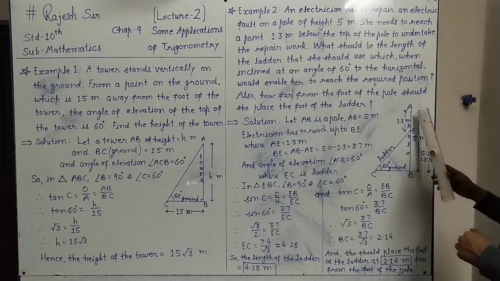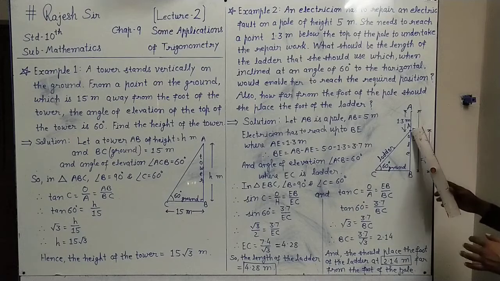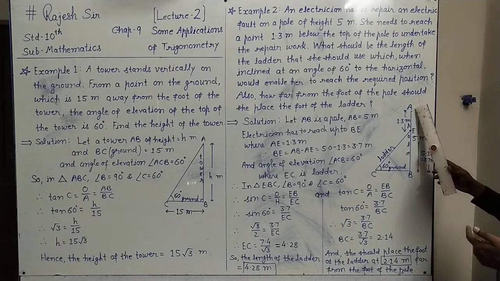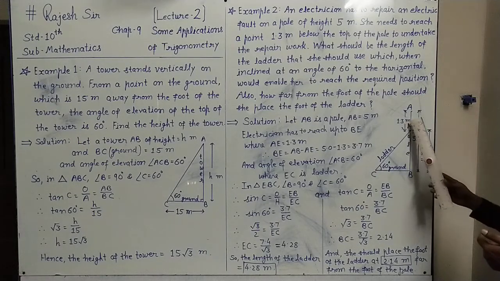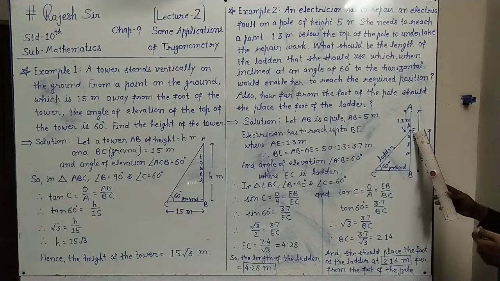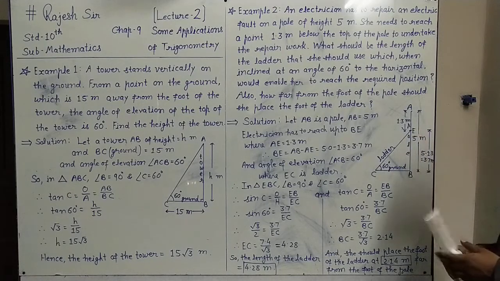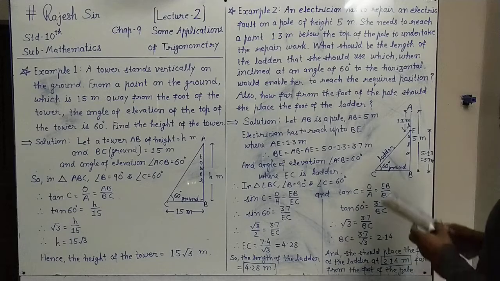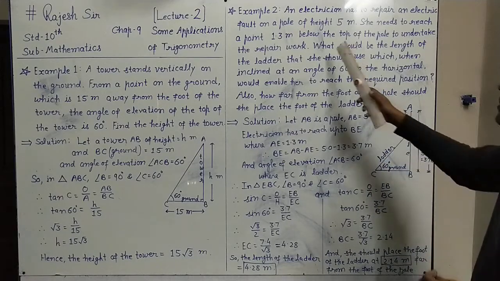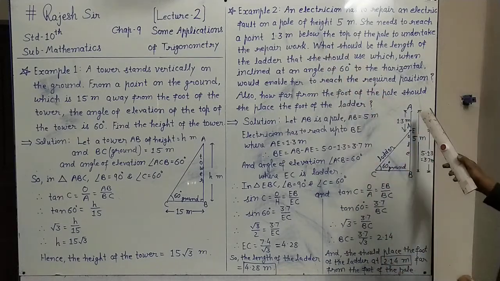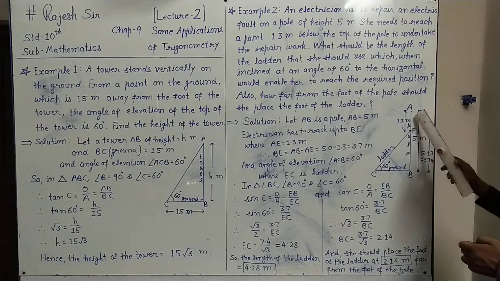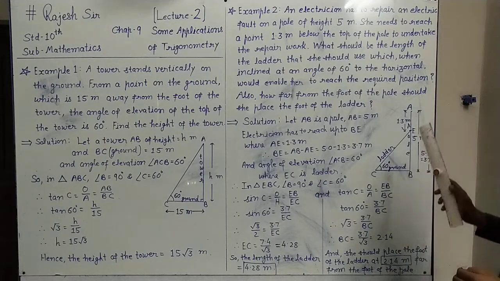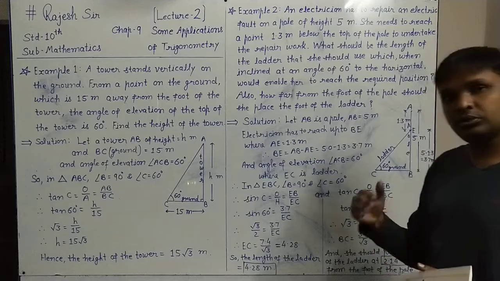Top is A. Below that, 1.3 meters below, is point E. At point E the electrician has to reach to undertake the repairing work. Up to that much the electrician has to reach.